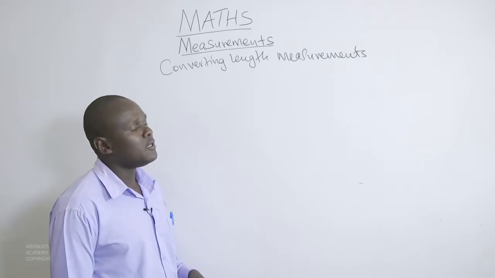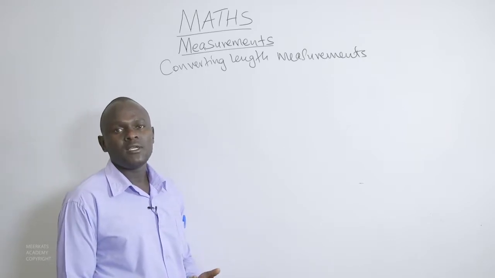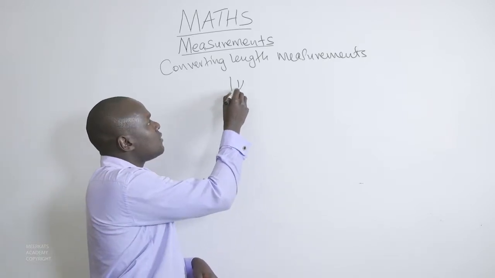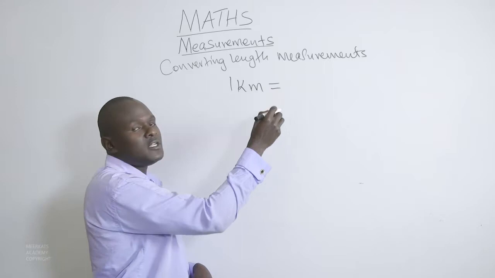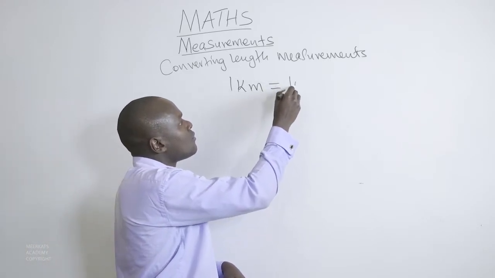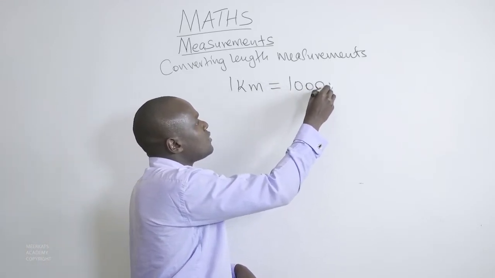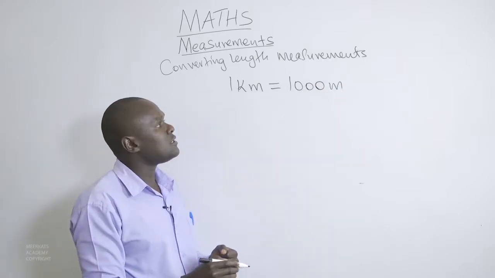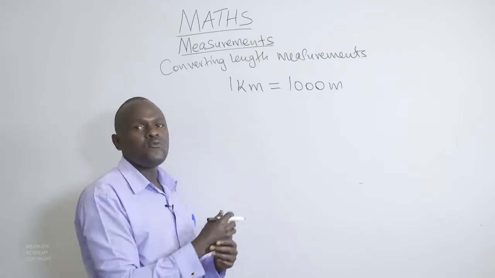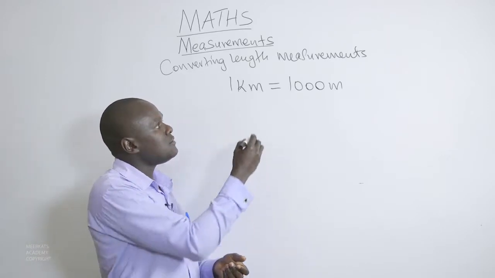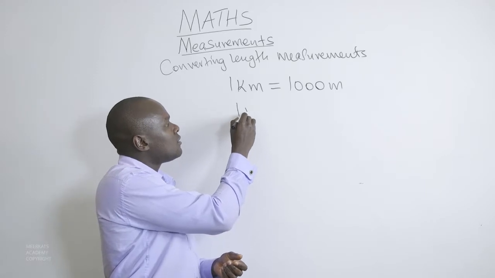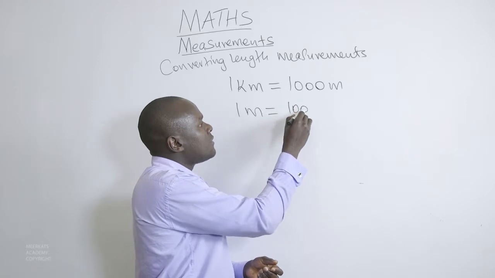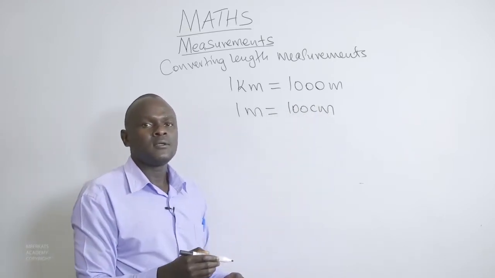So let us start by looking at a kilometer is equivalent to how many meters? 1 kilometer is equivalent to 1,000 meters. And how many centimeters make up a meter? 1 meter is equivalent to 100 centimeters.